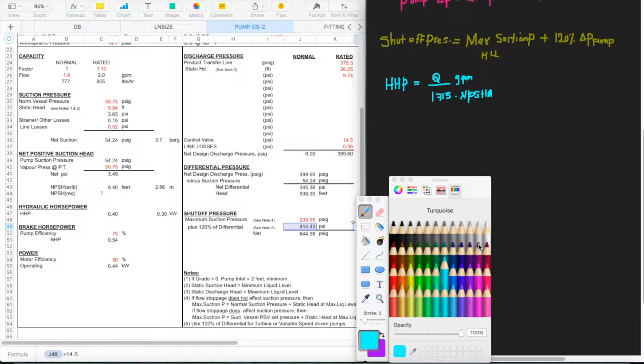Then another formula that we have here is brake horsepower. Brake horsepower is nothing but 100 multiplied by hydraulic horsepower divided by pump efficiency.